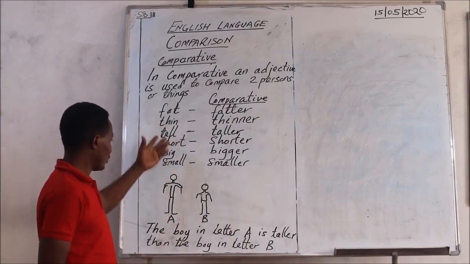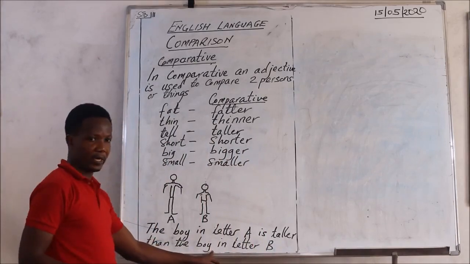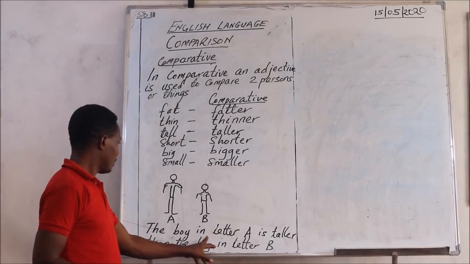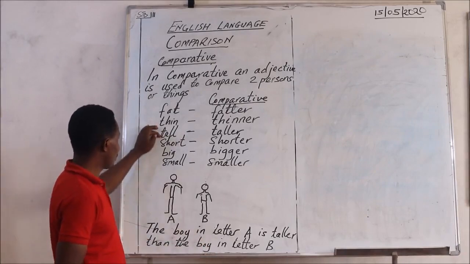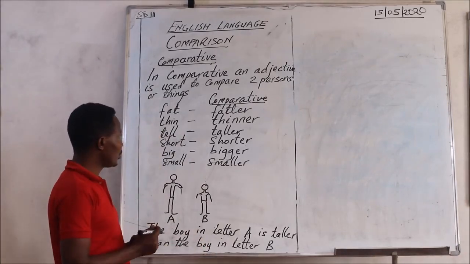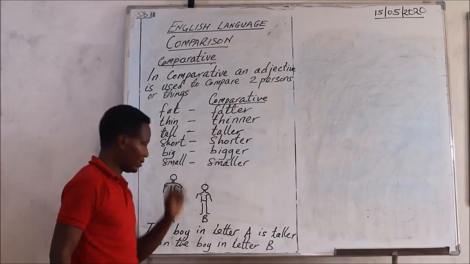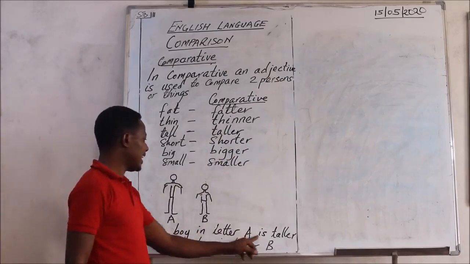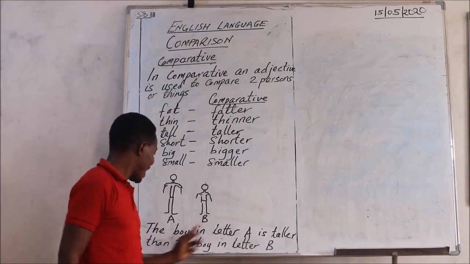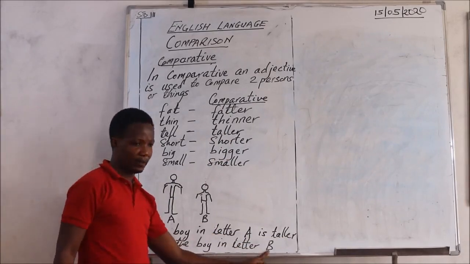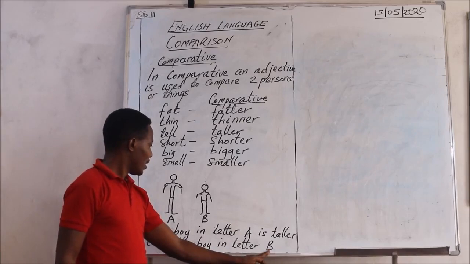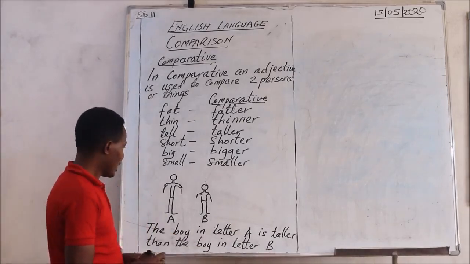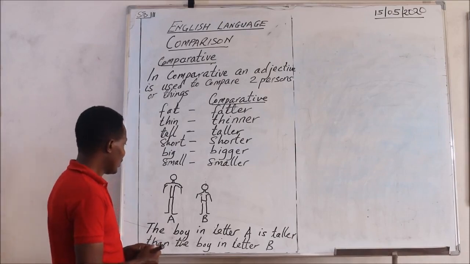The adjective tall has been used here in our sentence. When it is formed into comparative, it becomes taller. So you can see here, the boy in letter A is taller than the boy in letter B. There is something very important to note, which has been added here.